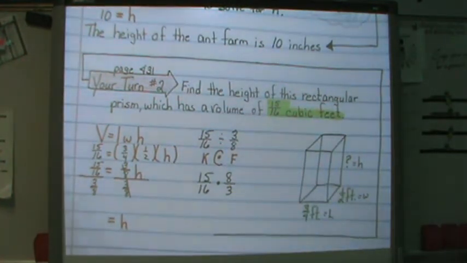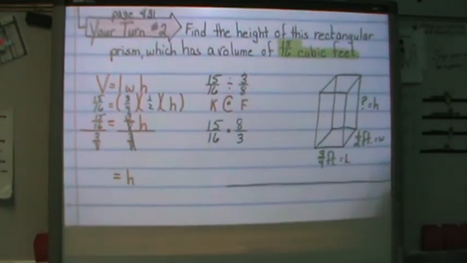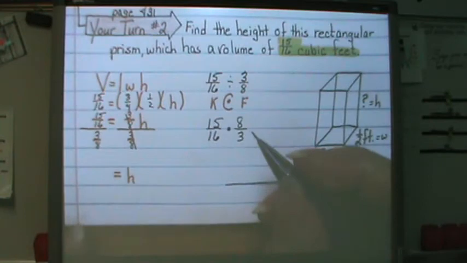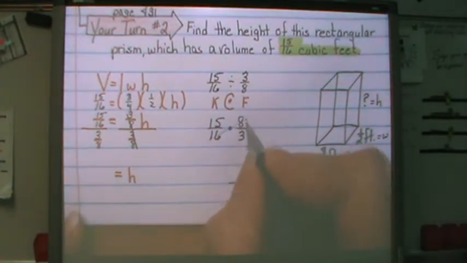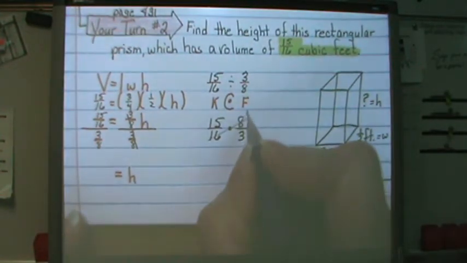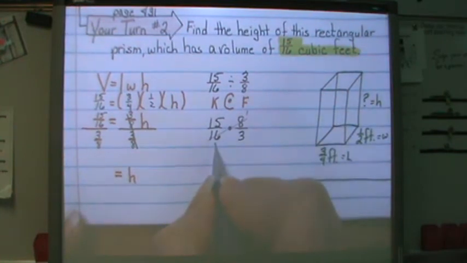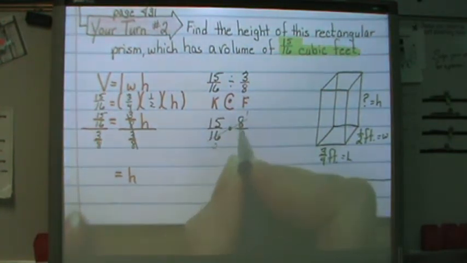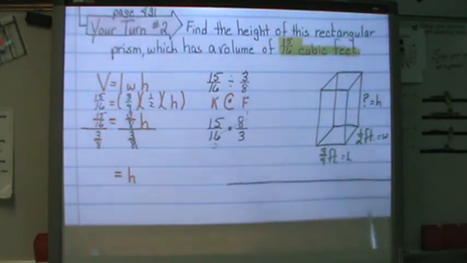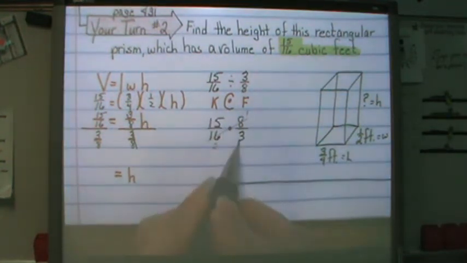Ooh, I bet some of you get excited at this point because you can see that there's some cross reduction available. The 8 and 16. The 8 divided by 8 would become 1. 16 divided by 8 becomes 2. 8 is the greatest common factor between 16 and 8. And the greatest common factor between 15 and 3 would be 3.